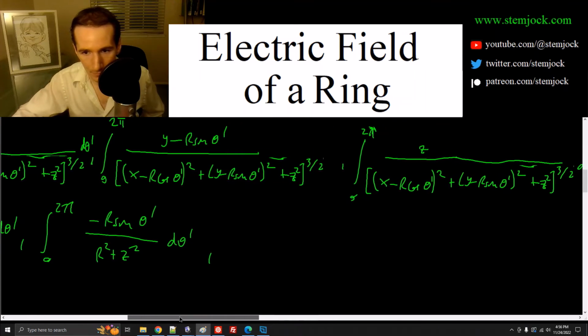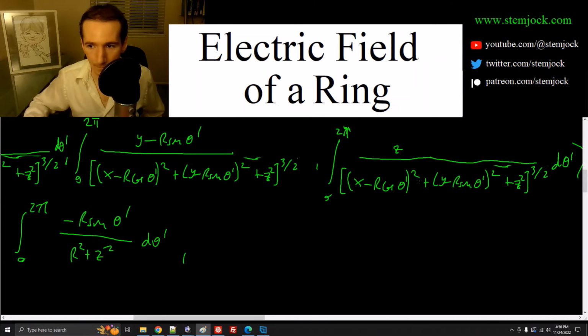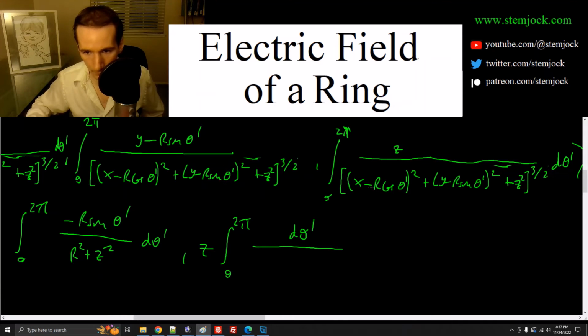And last but not least, we have the third component. So z here is just a constant, so I can pull it out in front. And this is just going to be the integral from 0 to 2 pi of d theta prime on top over r squared plus z squared. Oh, I forgot, this is raised to the power of 3/2. Can't forget that.